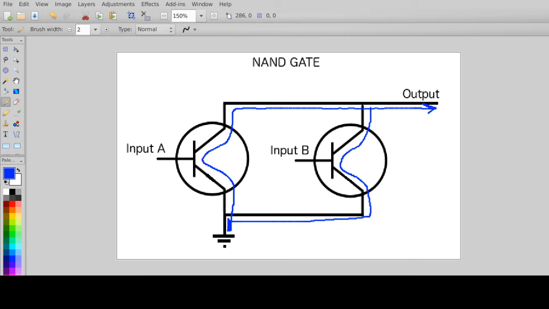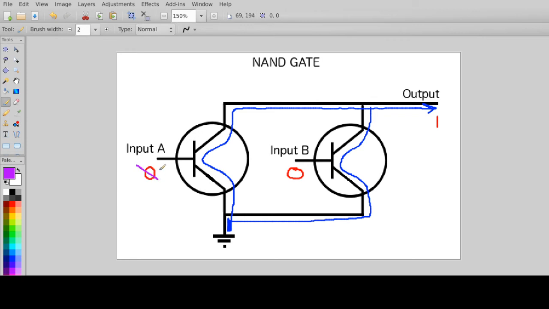Now, putting in the logic here, if you don't apply any voltage at A and you don't apply any voltage at B, you get electricity coming out at the output. Now what would happen if I did apply electricity at A but not B?